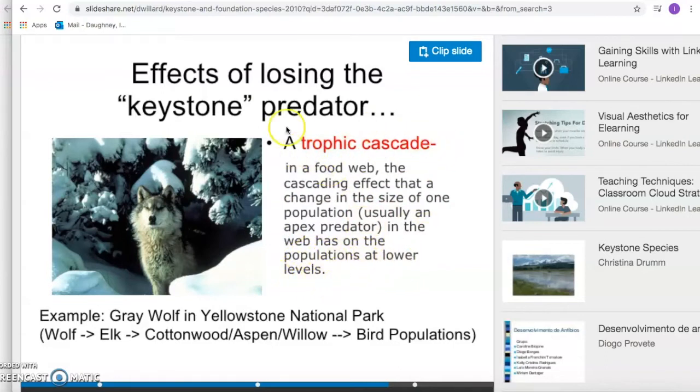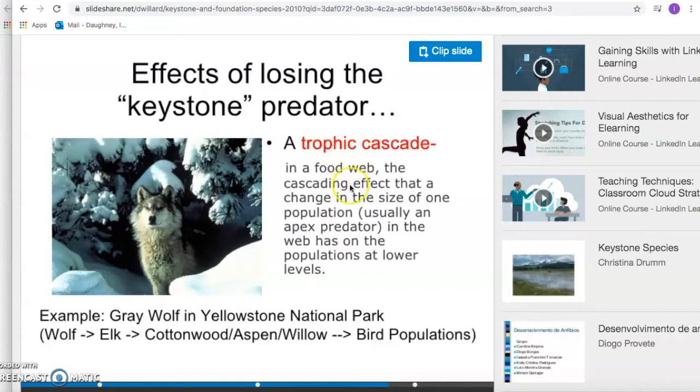So a trophic cascade, remember we have trophic levels 1, 2, 3, and 4. So if at the top, your trophic level 4 is this wolf, and if he's not eating the animals that he's supposed to eat because he disappears, then all of the trophic levels get affected. It causes a cascading effect, otherwise known as a domino effect.